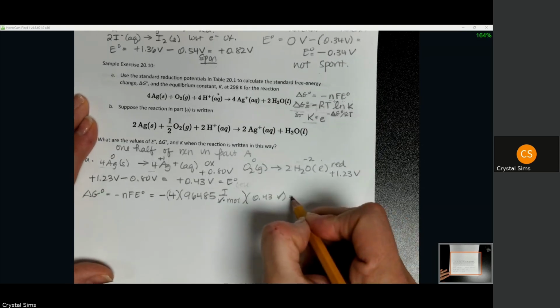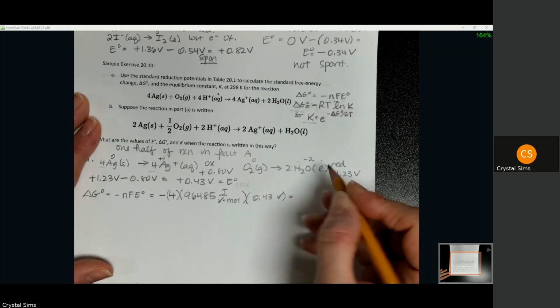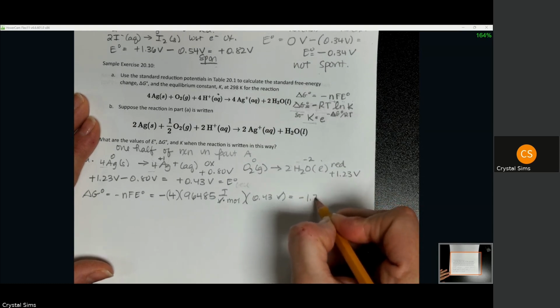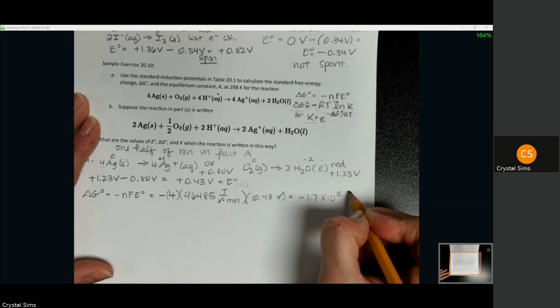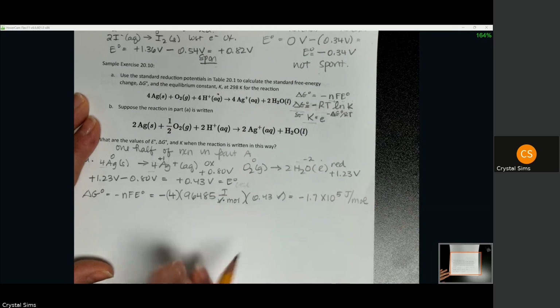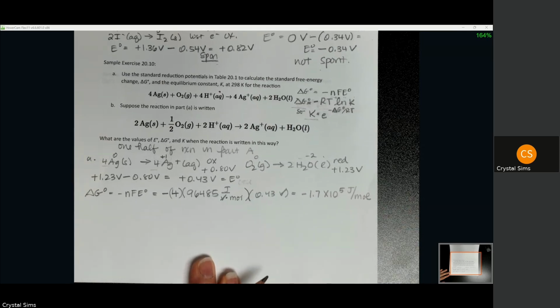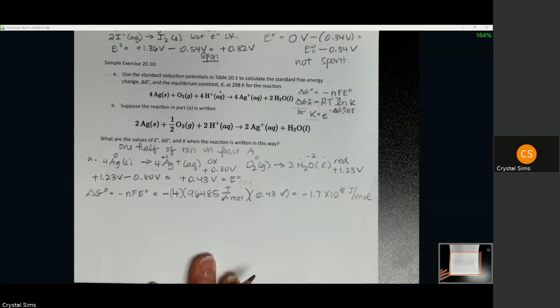And when I do the math, I have negative 1.7 times 10 to the 5 joules per mole. Okay. And that we know is our unit for Gibbs free energy. So my change in free energy here is negative 1.7 times 10 to the 5 joules per mole.